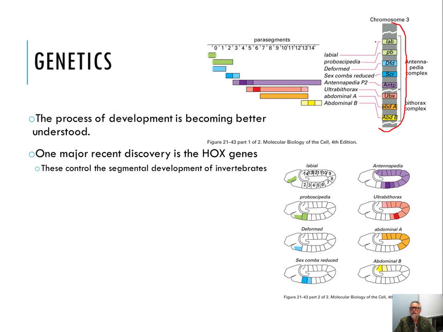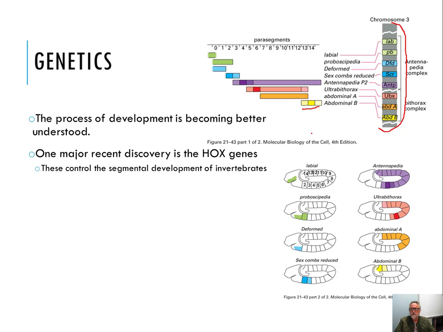So this one, labial gene, is active in the first segment, the head segment. As we go down the chromosome, we also go further back in the developing larva, and so this abdominal B gene is, not surprisingly, expressed at the back end of the fruit fly.